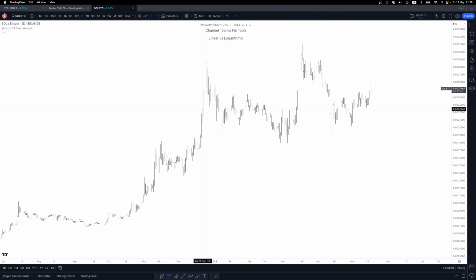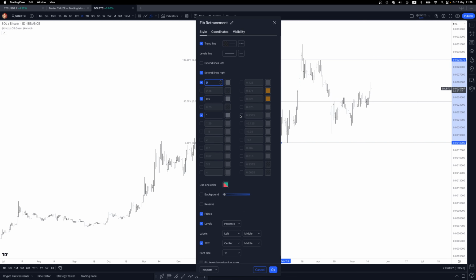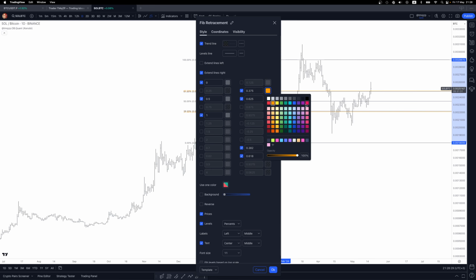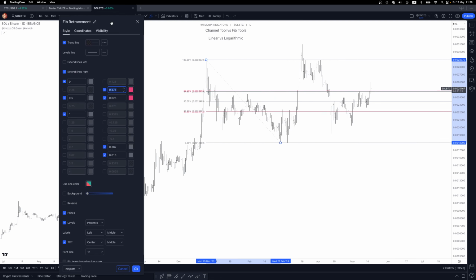It means that if you have them on your Fib tool, let's give these a red color so we can distinguish them. So these are your 1/8 of a range above the mid-range and below the mid-range, or sorry, vice versa. And let's give these the typical golden color. There we go.